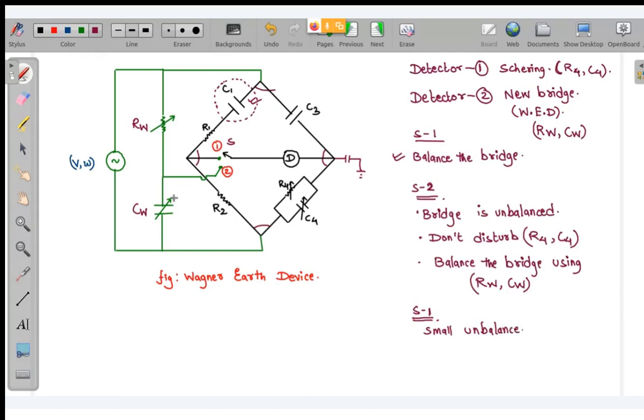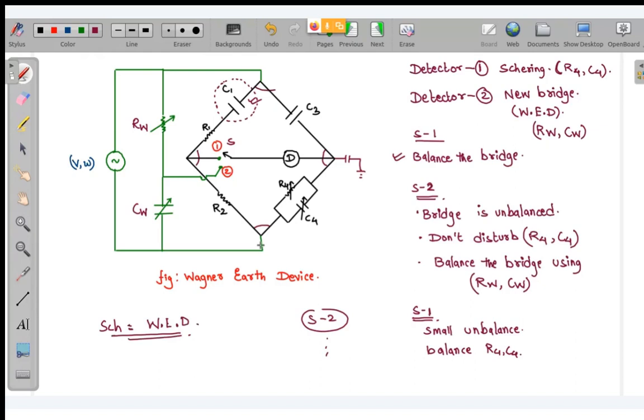Now we don't disturb RW and CW. Once again, we balance this bridge using R4 and C4. Then once again, we switch to S2. You will see that this time when I switch to S2, the unbalance will be very small. And we keep doing this process until both bridges, the sharing bridge as well as the Wagner Earth device, are simultaneously balanced.